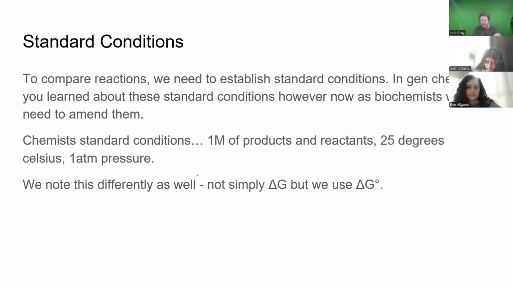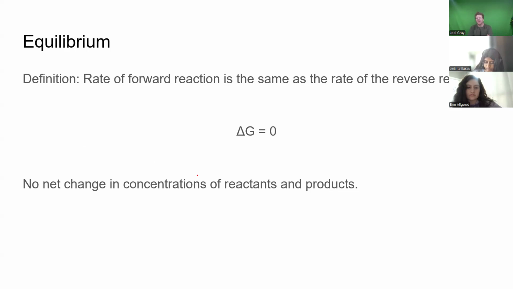Whenever I think about equilibrium, I always go back to ICE tables: initial, change, equilibrium. And I also think about Q, your reaction quotient, with the concentrations at equilibrium and at non-equilibrium conditions. We're not going to deal with that, but it's still relevant and important.